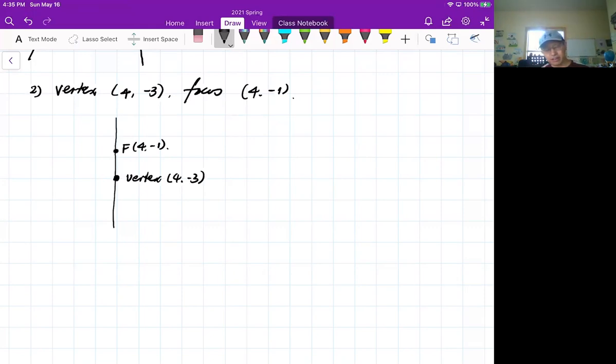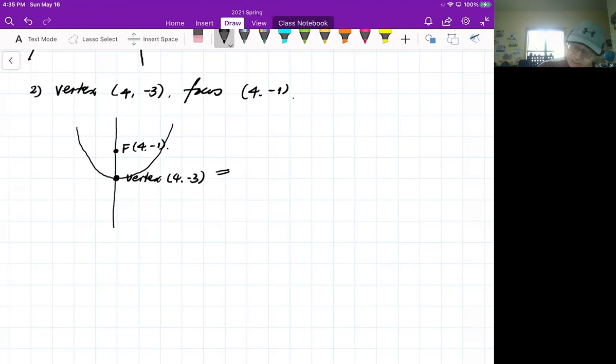So where is the parabola? The parabola should be in this way. So I got that parabola, and the vertex is (4, -3).